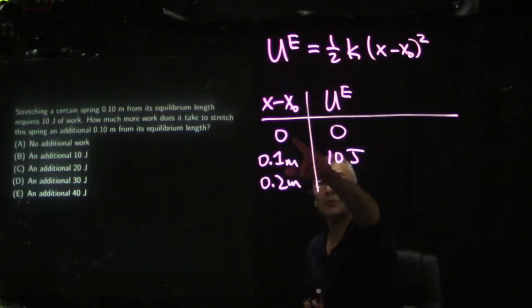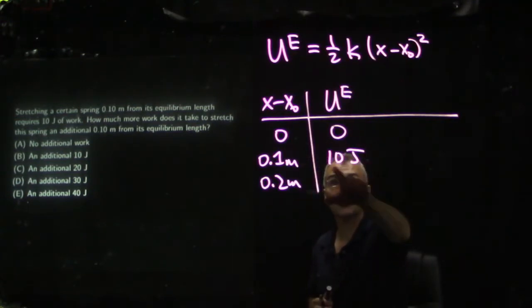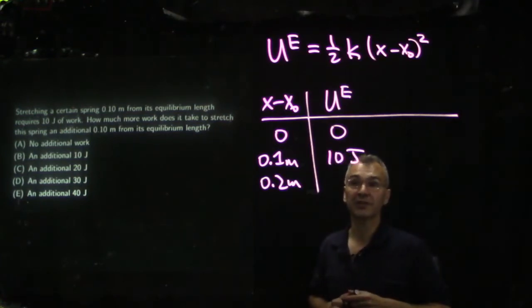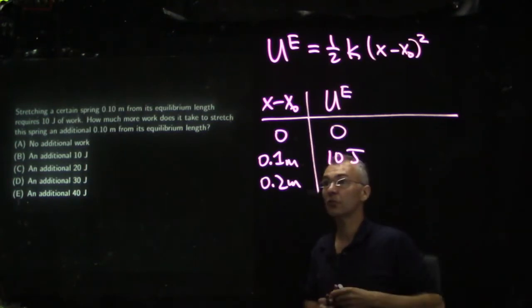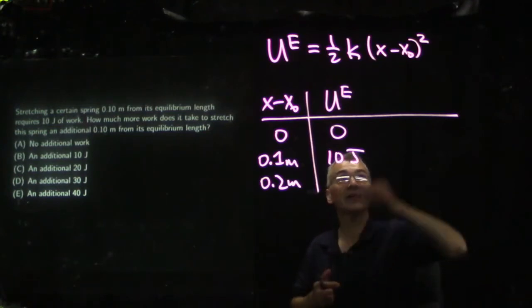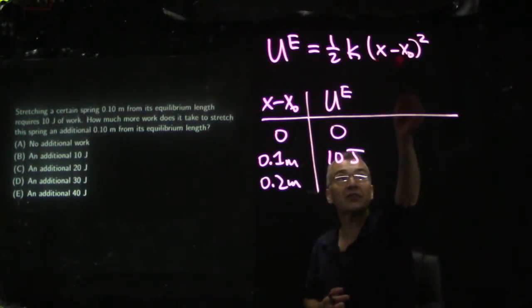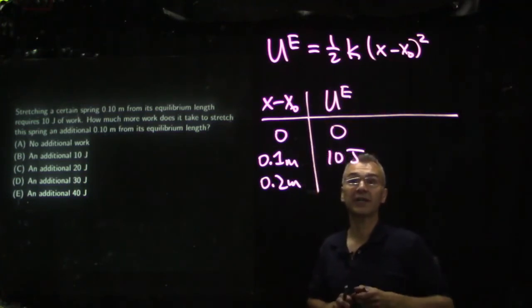So when we stretch the spring 0.1 meters from its relaxed length, we say that is 10 joules of stored energy in the spring. So if you're going to stretch it twice as far as originally, then if you take this x minus x0 and you double it, then you must quadruple the stored energy in the spring.